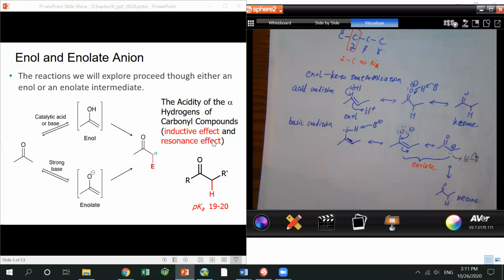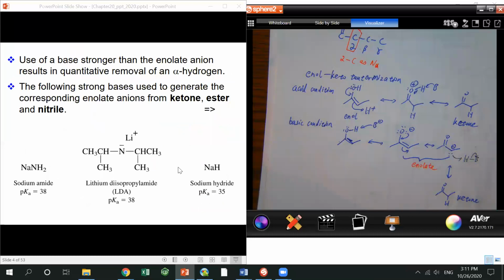Second, the resonance effect: as shown here, these lone pair electrons can push back onto oxygen, so you have two resonance structures that share this negative charge. That's why there is a little bit of acidity. The pKa for the alpha carbon is around 19 to 20, so you can apply a strong base to deprotonate the alpha carbon and carry out the reactions.